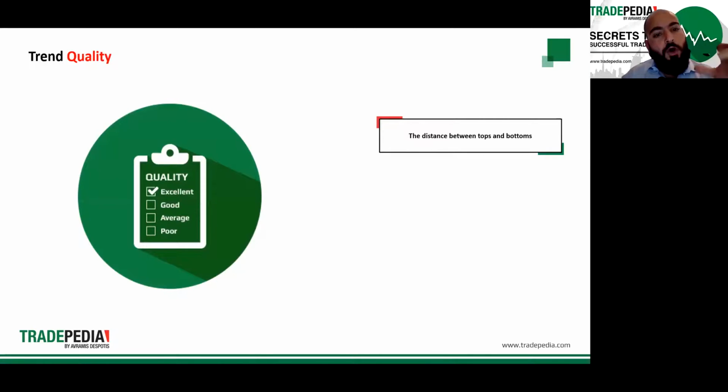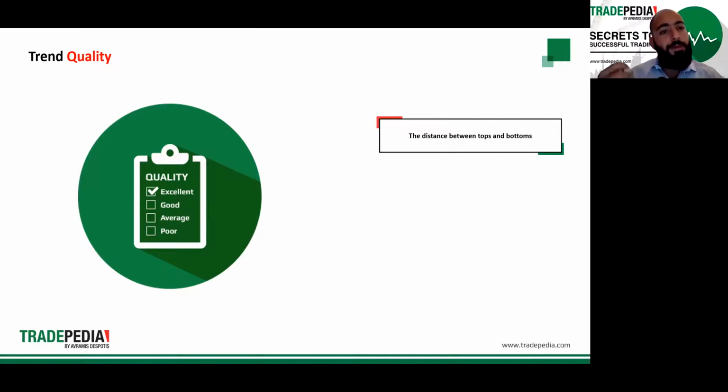We will study the distance between the tops and the bottoms, so the slope of the trend. The best trends are trends that develop at a slope of 45 degrees. Trends that are very steep will lose momentum and then reverse quickly. And trends that are very flat tend to behave similar to a range with very weak momentum.